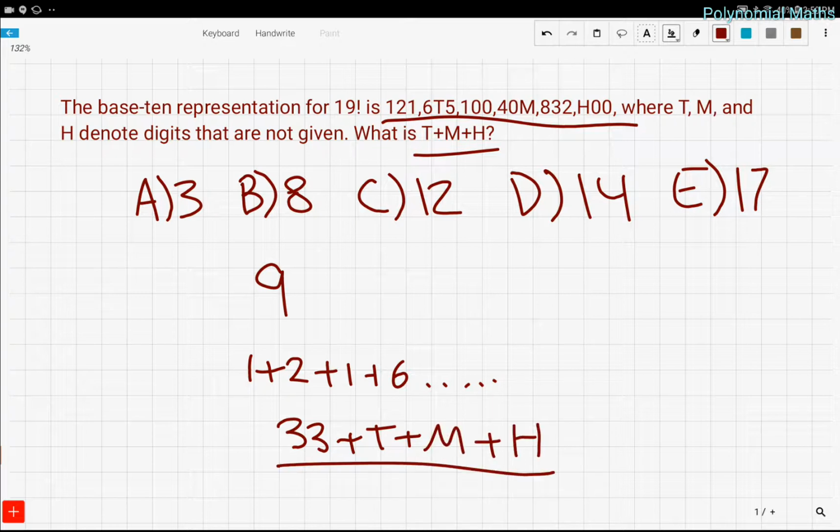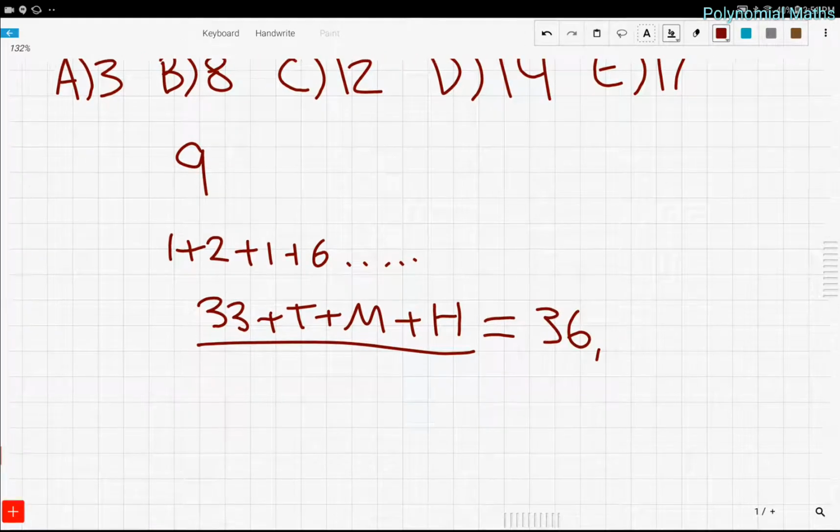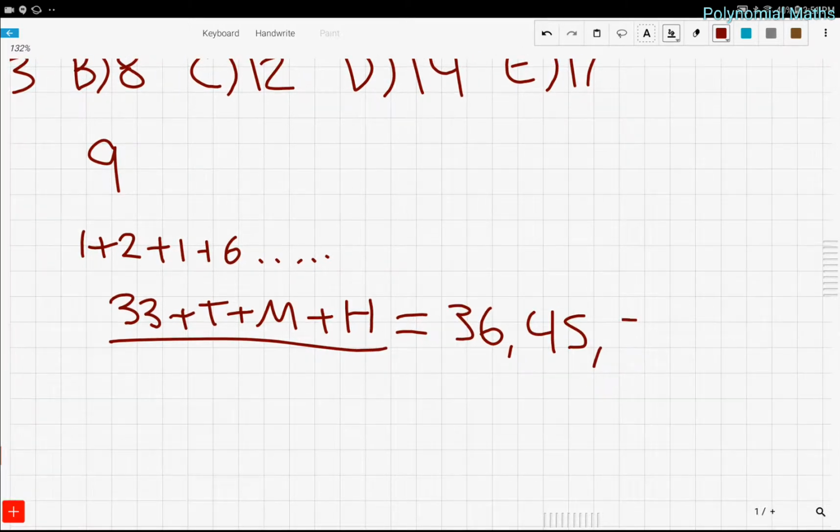And this number must be divisible by 9 in order for divisibility by 9 to work. So that means that this has to be equal to either 36, 45, or 54, and so on. But T, M, and H can only be up to 9, so the max value of T plus M plus H is 27.